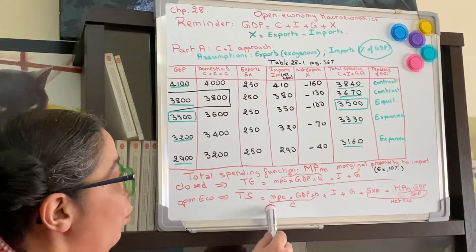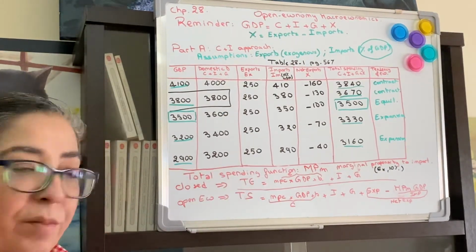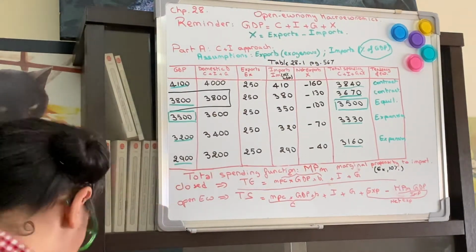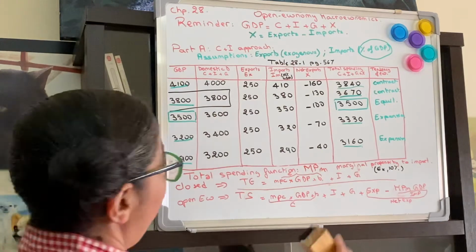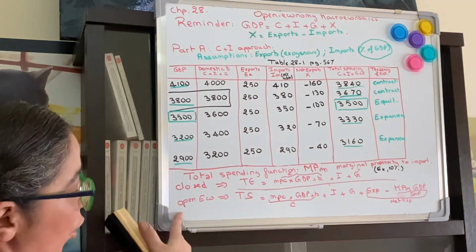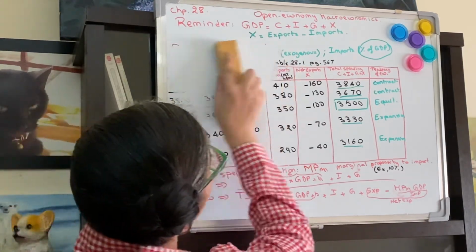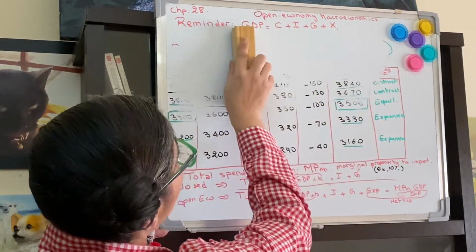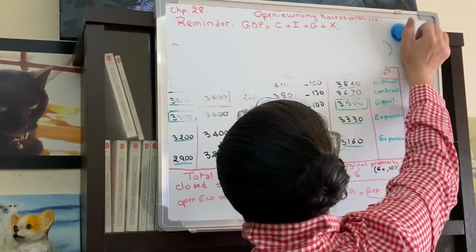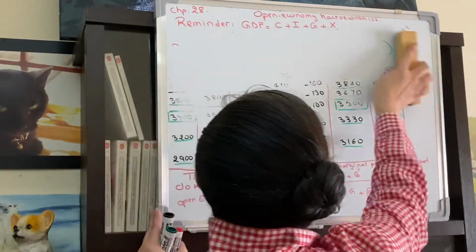I'm gonna leave this one here and I'm gonna continue. I'm gonna erase the table. Okay? I need space, so I'm erasing all this. You need to know the difference between a closed and an open economy function. Moving on. I don't need these things over here, taking space for nothing.